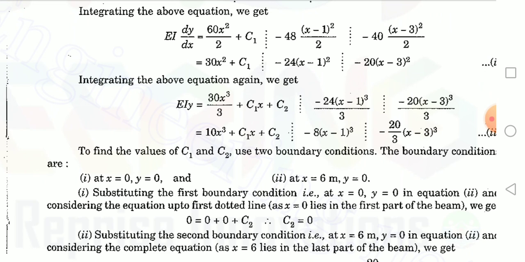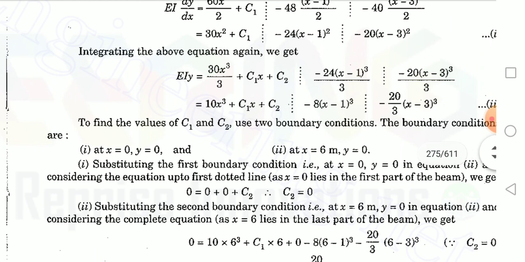Substituting the first boundary condition, x equal to 0 and y equal to 0, in equation 2, the deflection equation. For the left end we take the first slab only, up to the first dotted line.